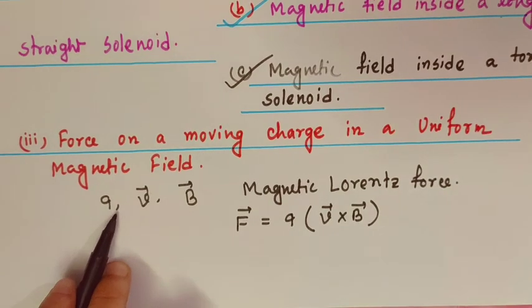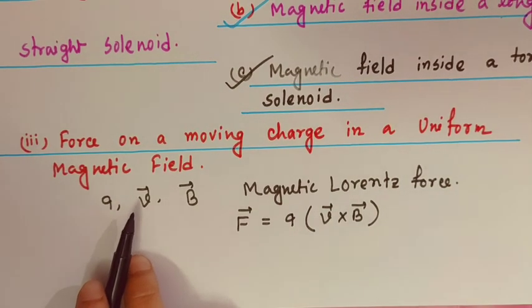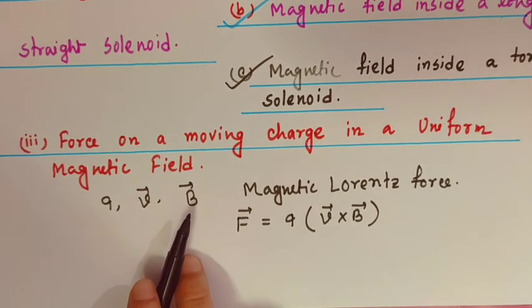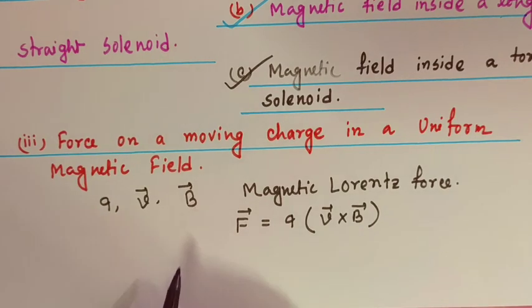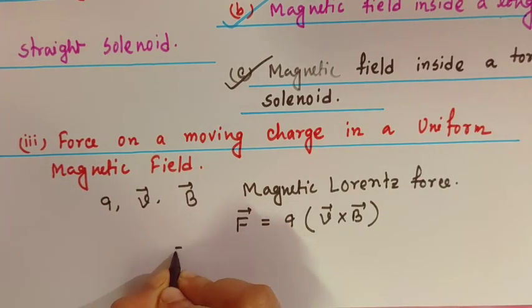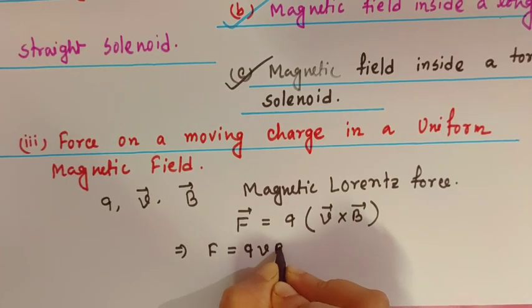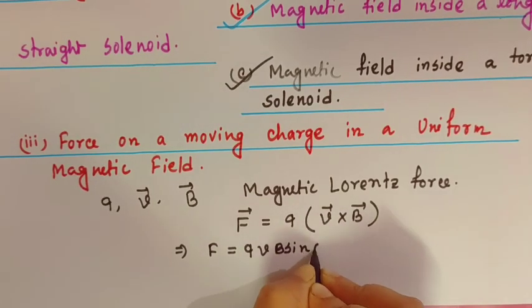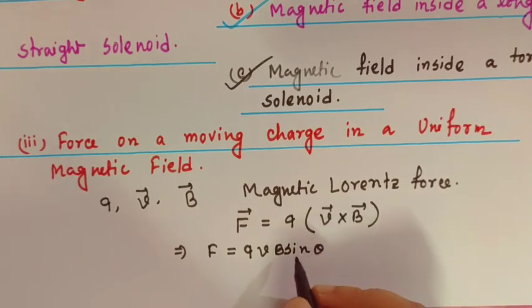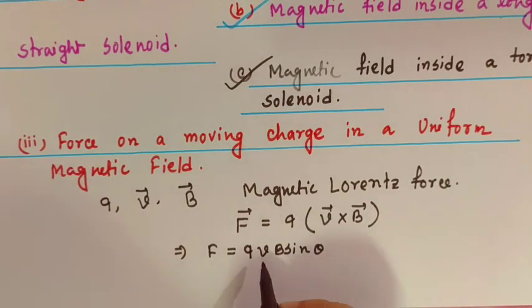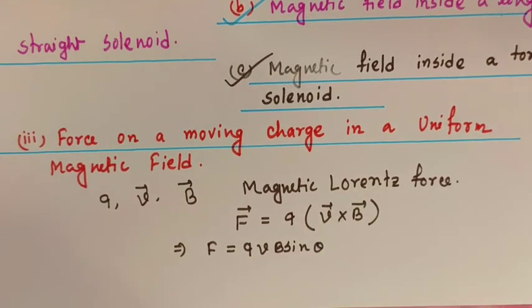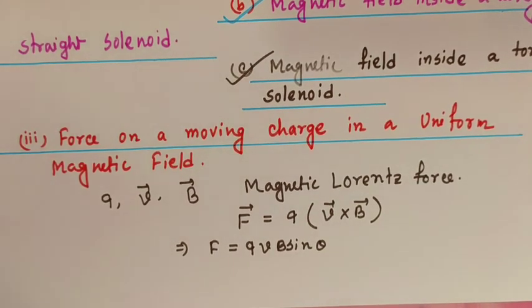What is Q? Q is charge, V is velocity, and B is magnetic field. So in magnitude we can write F is equal to QV into B sin theta, because V cross B is equal to VB sin theta. That's why QVB sin theta. So this expression can be used to define the magnitude B of the magnetic field at any point in space.